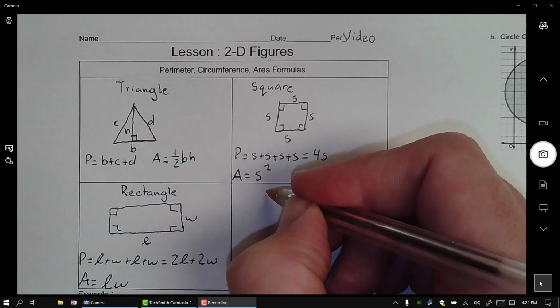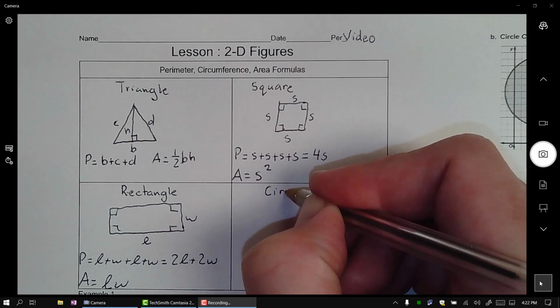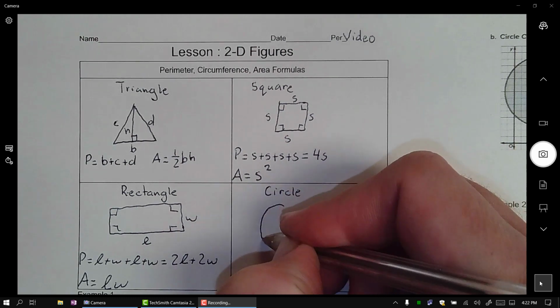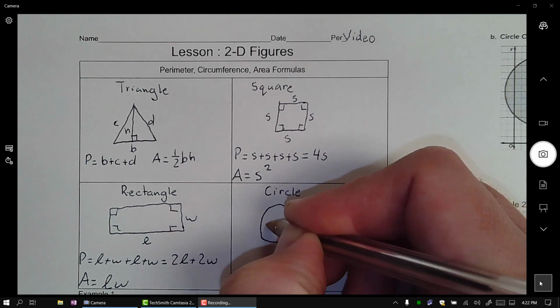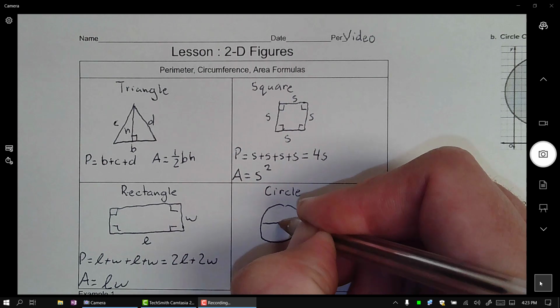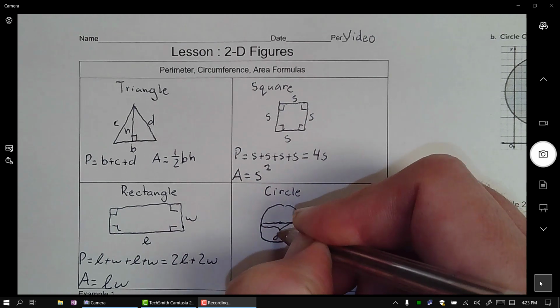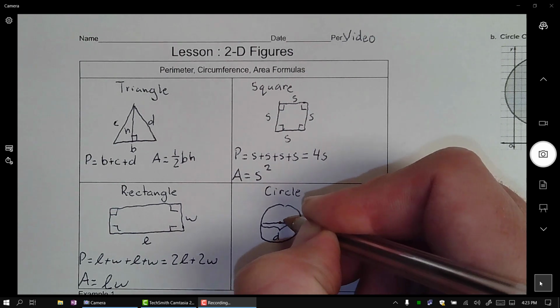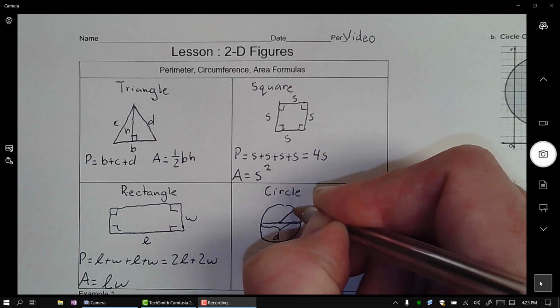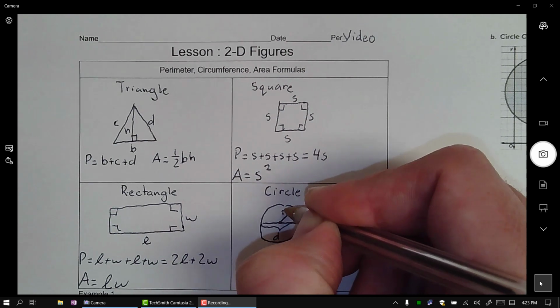Our last one is our circle. All the way across going through the center, this is known as a diameter. From the center of the circle to one of the sides, this is known as the radius.